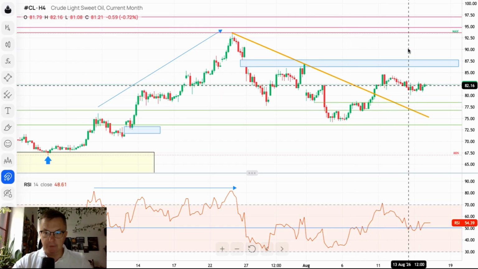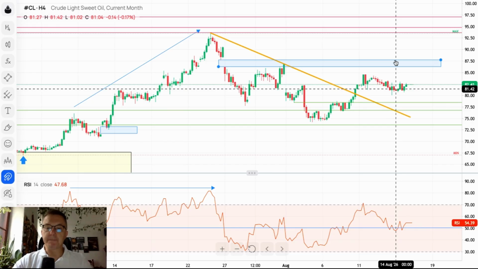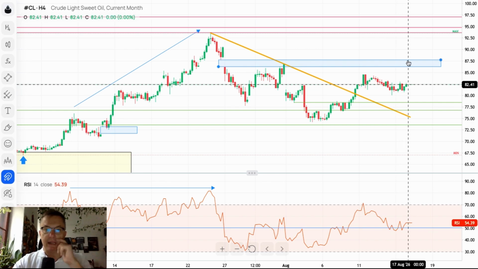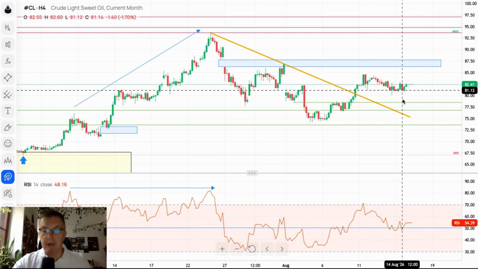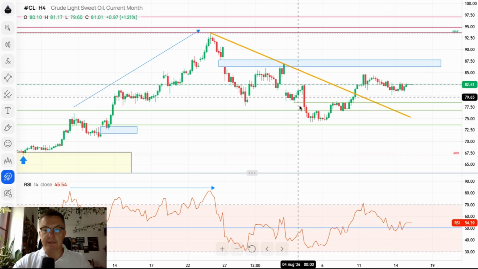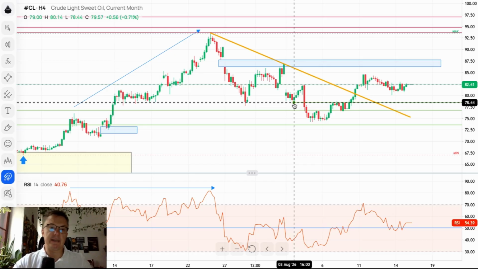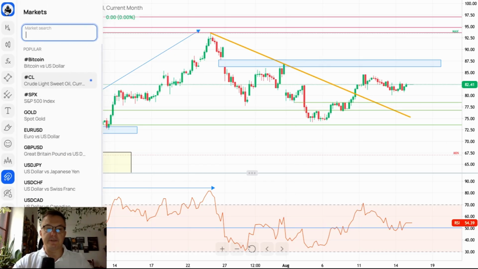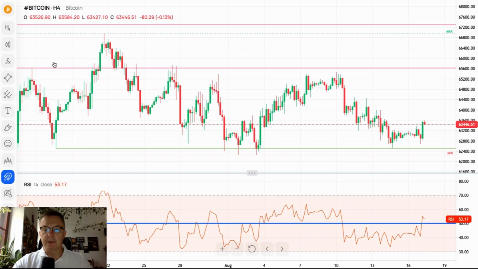There is still another gap waiting to be filled. This is the blue rectangle on the chart, and now we are waiting for a spike or maybe a gap fill on the crude oil. Otherwise, we are going to test the 80.9 level technical support, and then eventually break below 78.44 if there is no bullish engagement.